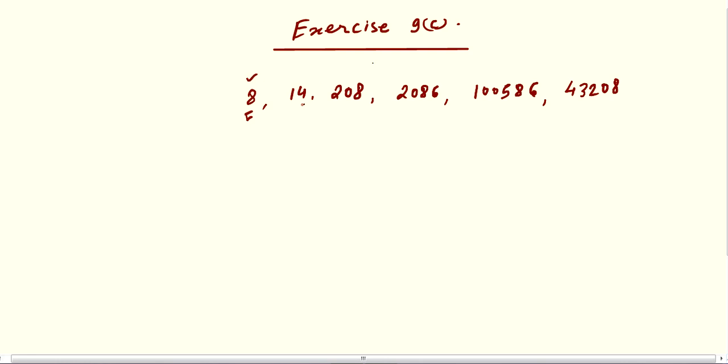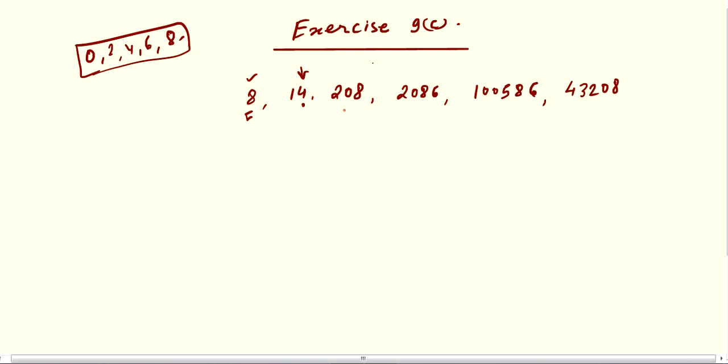In 14, the last digit, the unit place, is 4, and as I explained, if the unit digit is 0, 2, 4, 6, 8, that means the given number is divisible by 2.